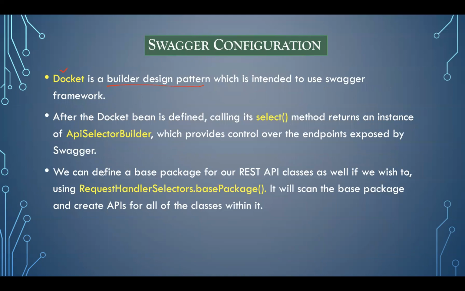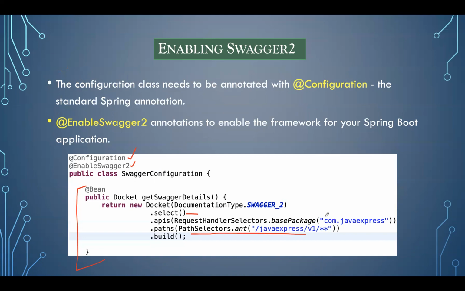Here you need to define endpoints with the help of this base package. If you try to see here, in RequestHandlerSelectors, two types of options will be there, basePackage and any package. Here I used my custom package name.